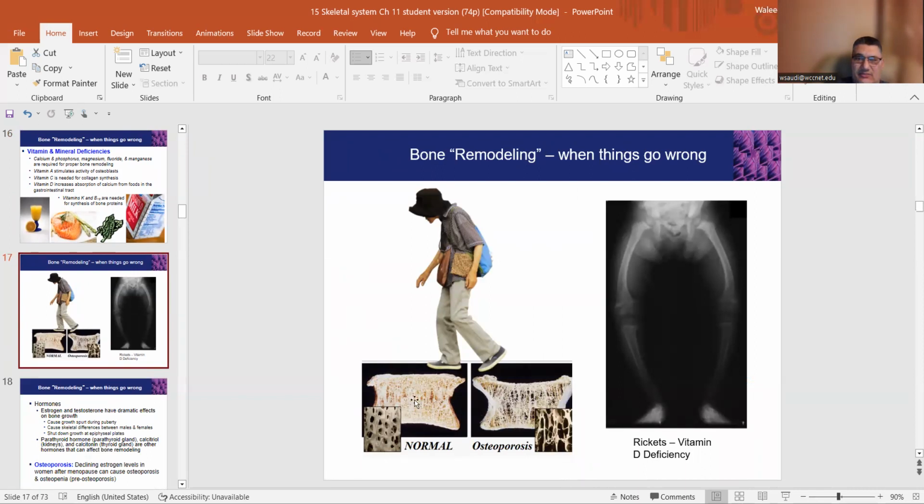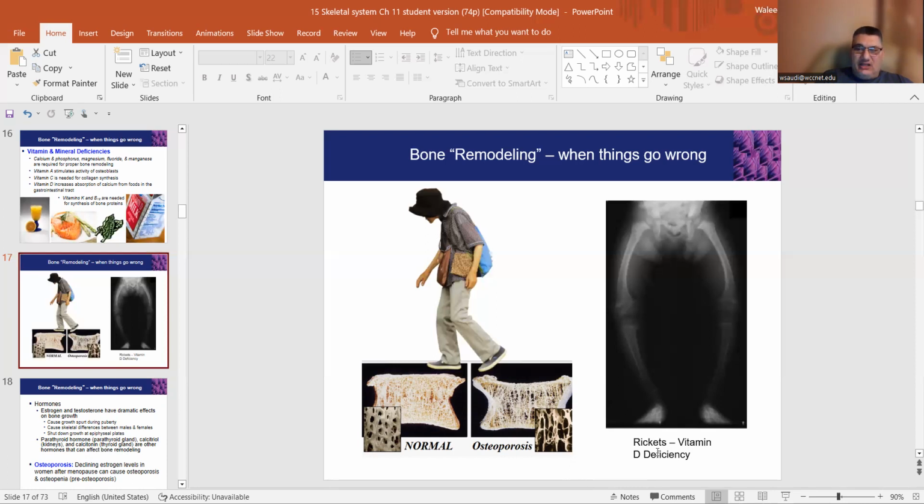Normally, look at this picture right here. This is how the bone should look. But if you don't have enough calcium, your bone will become weak. And weak is a generic word. What do you mean by weak? Weak can be, in children, what we call rickets.